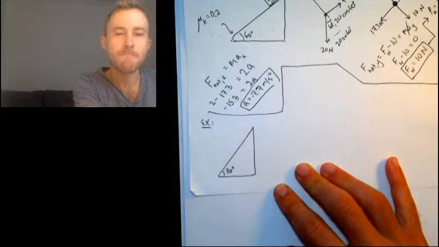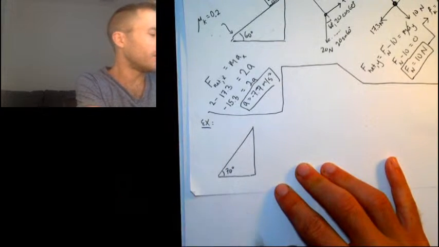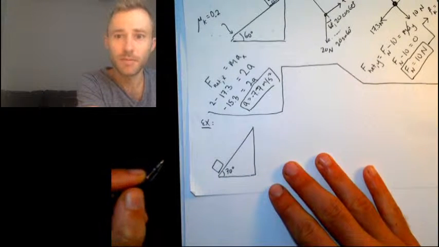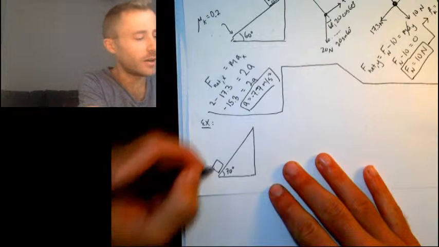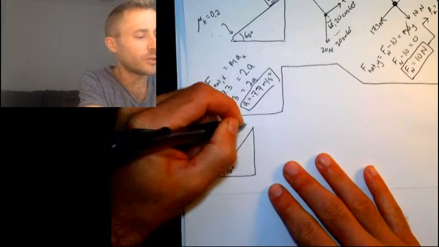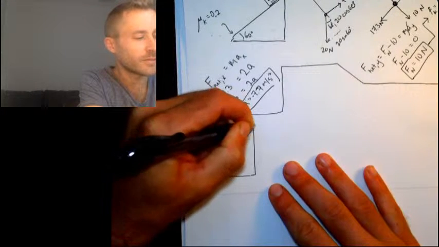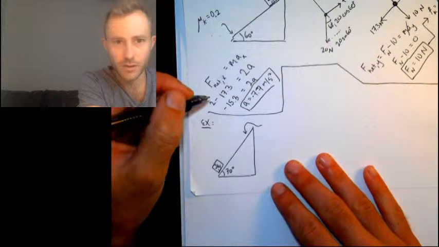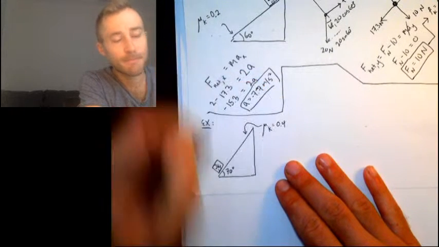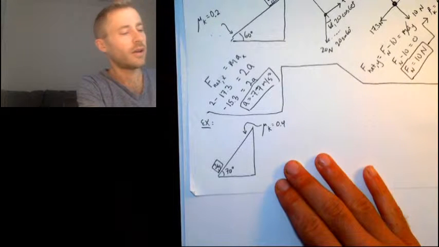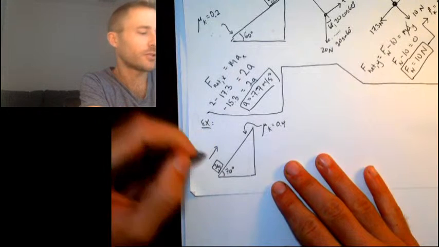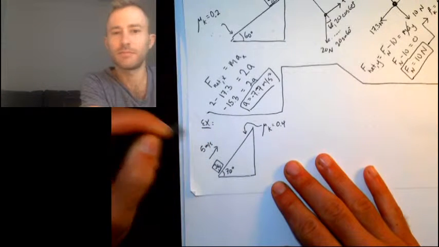And we have a block that is at the bottom of the incline this time, and we'll say that it's a 3 kilogram block, the coefficient of kinetic friction of the block with the incline is 0.4, and you kick the block so that it has an initial velocity of 5 meters per second.